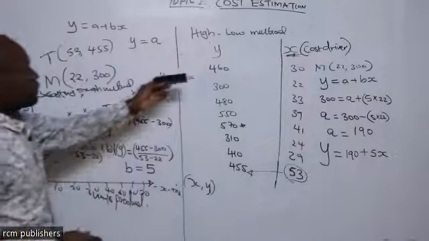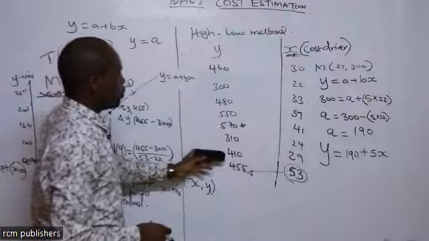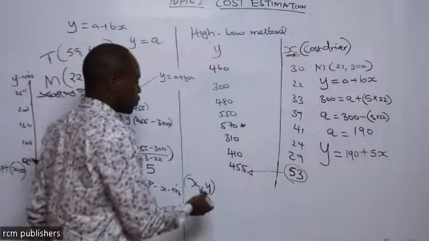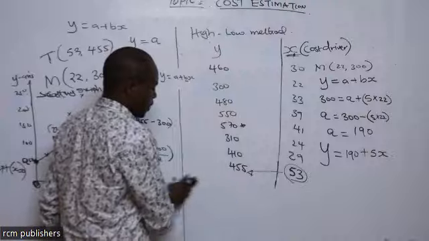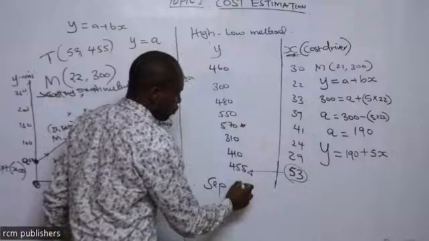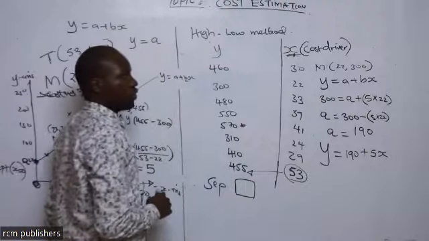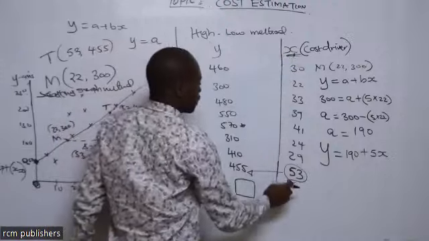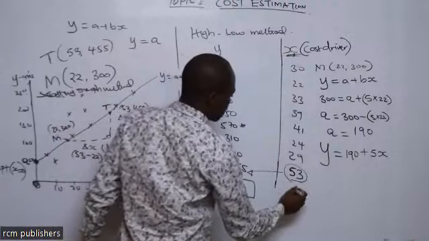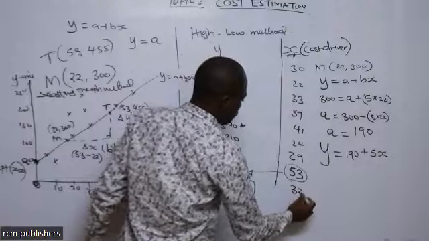So if this was for the month of January, February, March, April, May, June, July, August, then you are being told in the month of September we do not know the cost. The only thing we know is that units produced in that particular month was 32.